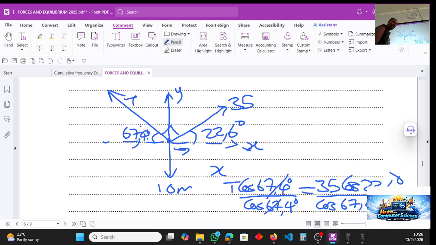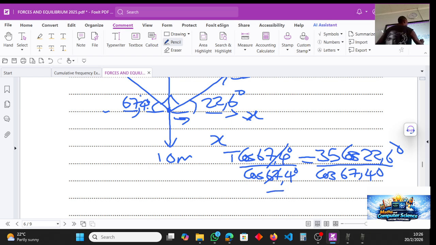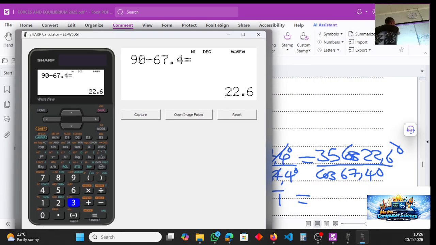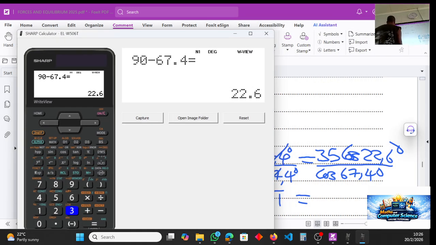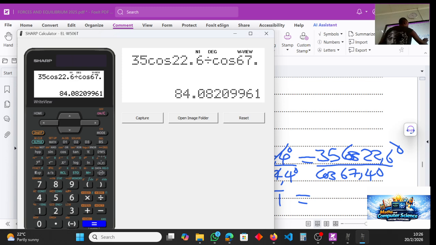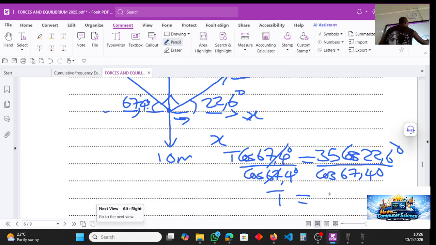When I do the calculation, I push the calculator: 35 cos 22.6 all over cos 67.4. The calculator gives me 84. So it looks like my tension is 84 newtons.